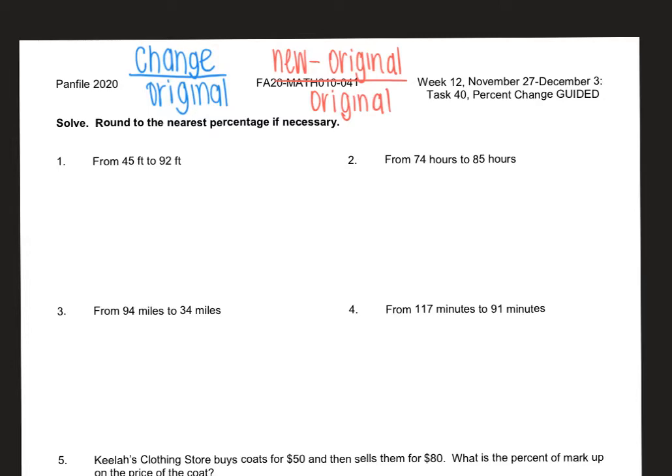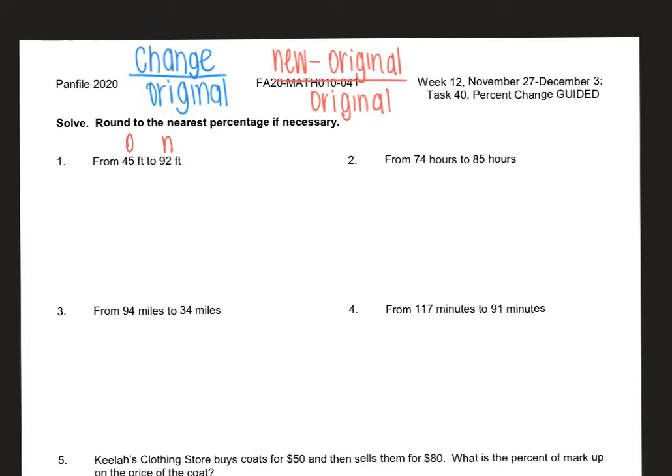And the reason it doesn't matter is because you can look at this and figure out if it's an increase or a decrease. So looking at number 1 and my first numbers from 45 feet to 92 feet, I know that I'm going from 45, so that's my original, and then I'm going to 92 feet, which is my new value.